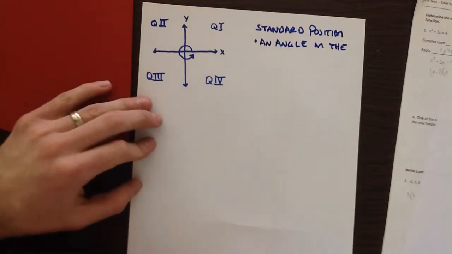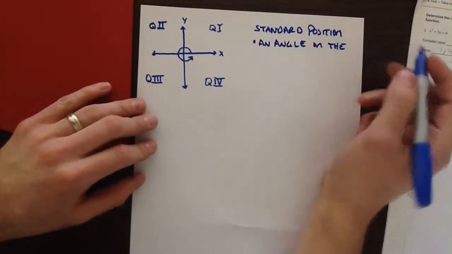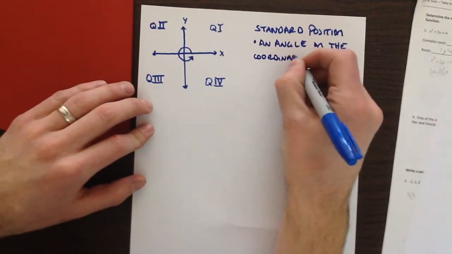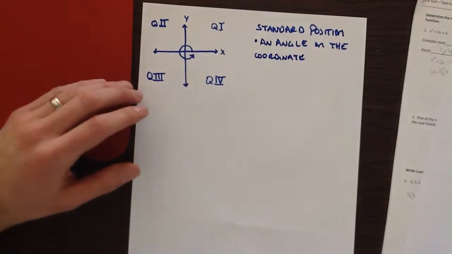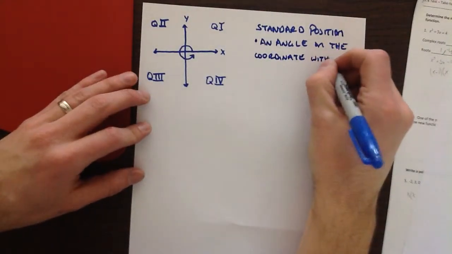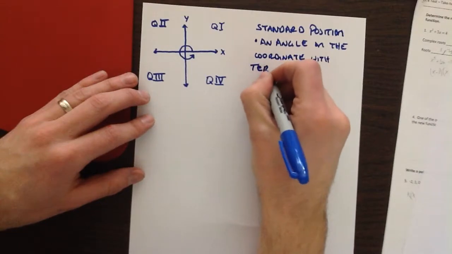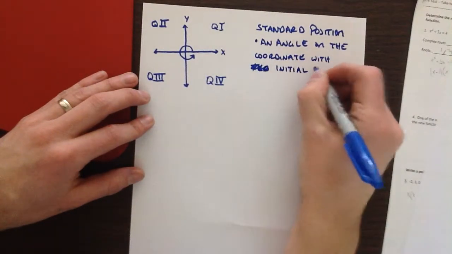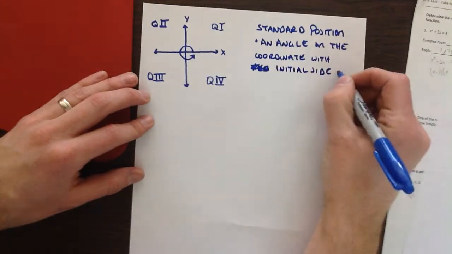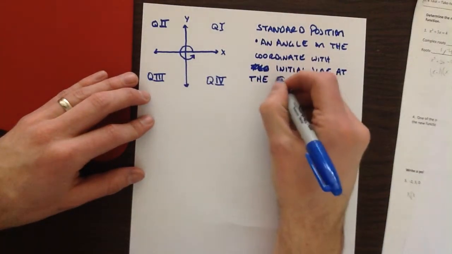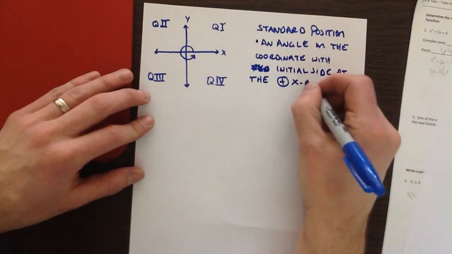That works then. So, standard position, an angle on the coordinate plane. So I can put this onto a coordinate plane, onto a graph, so that we can start seeing things. With our initial side, the positive x-axis.